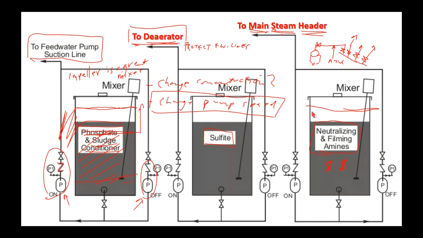So what we do then is we'll have a whole bunch of graduations on the tank. And it really depends how low the tank gets. Maybe over a period of 24 hours, this tank only gets down to this level, and it'll say add 50 milliliters of amine.